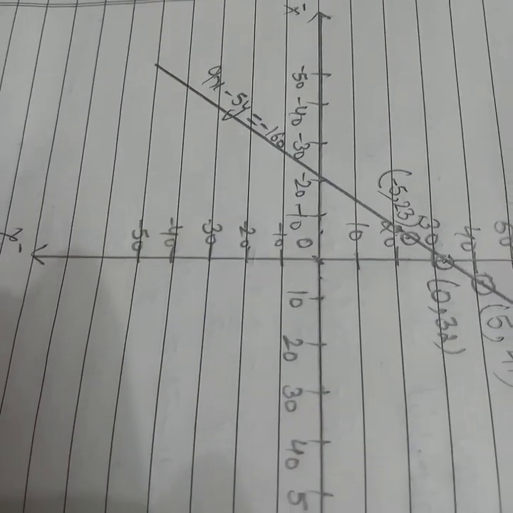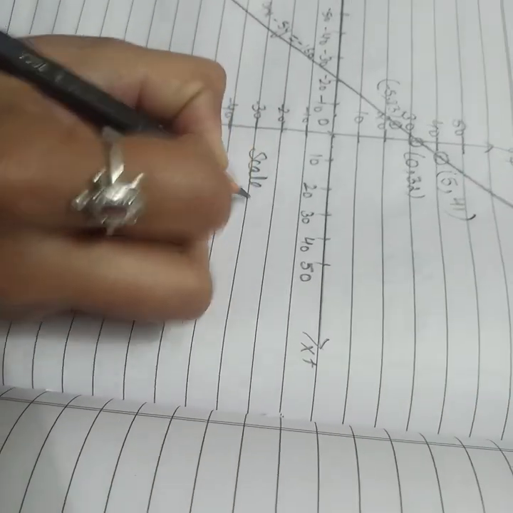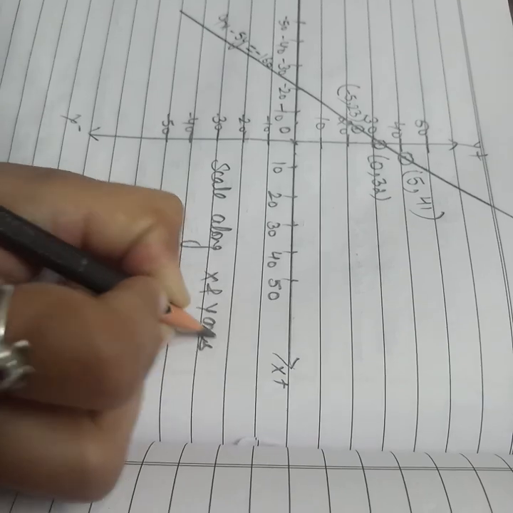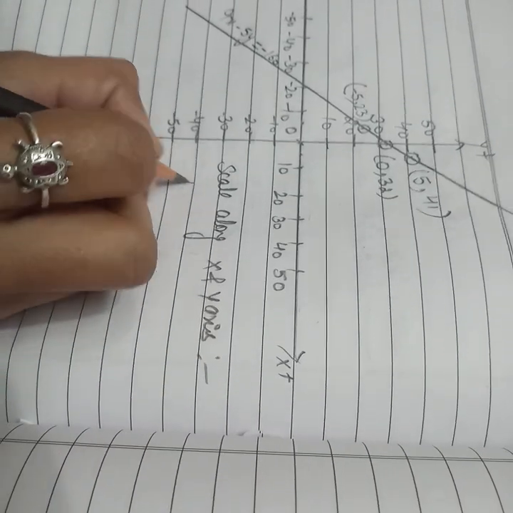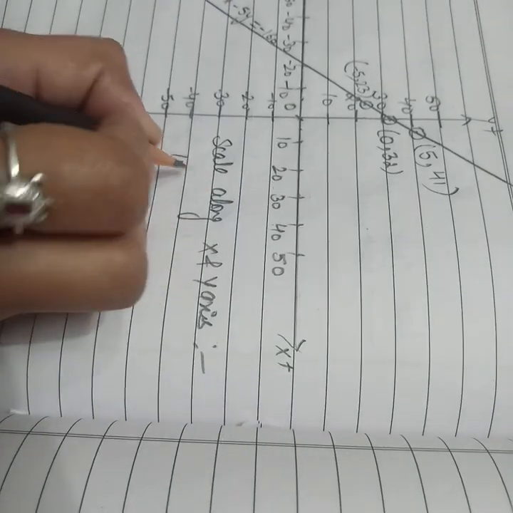Now we have to write the scale on this graph. So I take a difference of 10 units. So the scale along the x and y axis is again between 0 and 10. On the graph paper there are small 10 divisions.